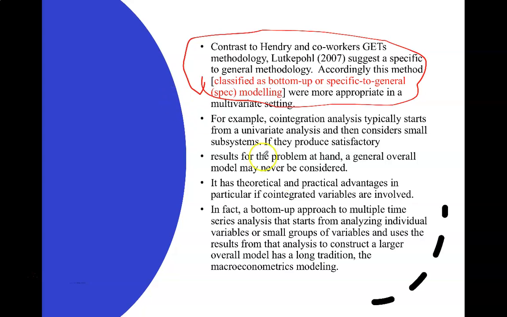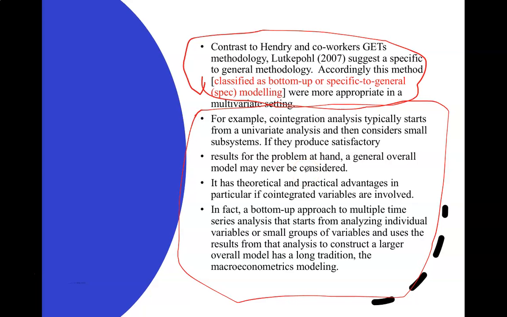This is what we're going to do this semester, rather than general to specific, which you have done in your econometric modeling. The approach for this semester will be specific to general, or in the classification of modeling, the bottoms-up approach, right? This is what we're going to do this semester.